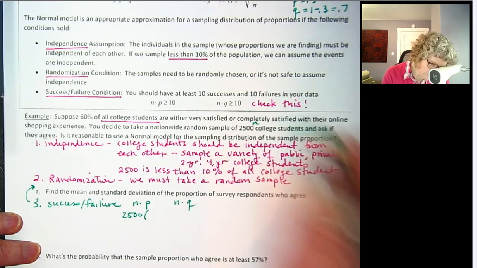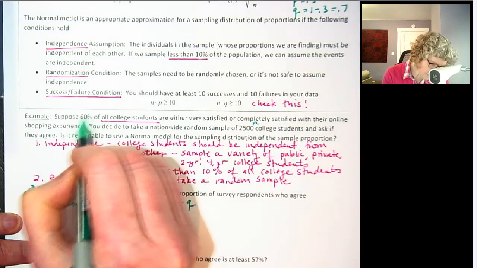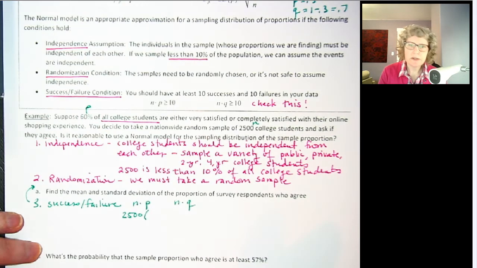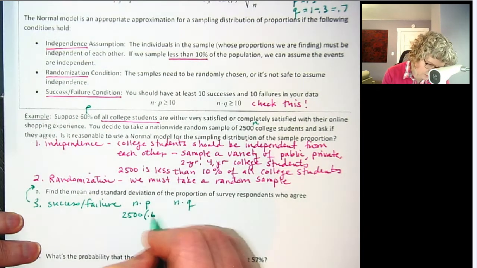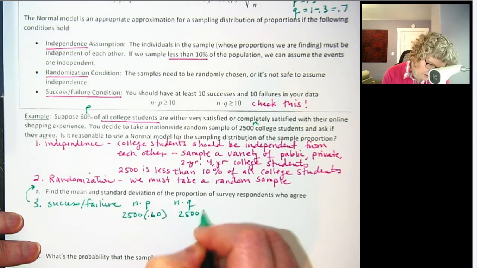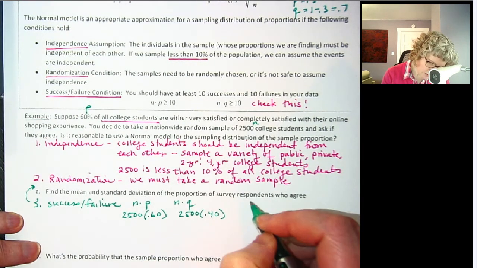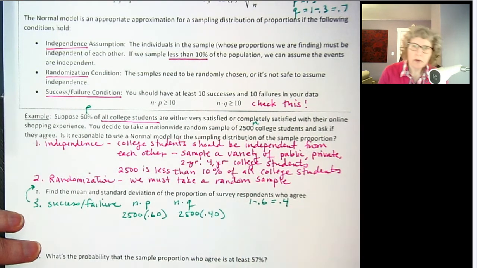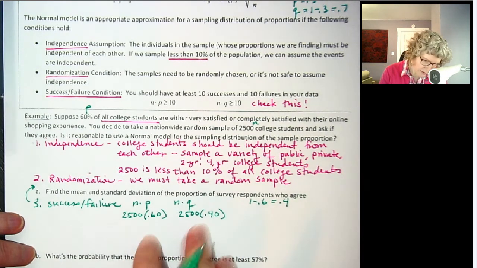That's our n. And our p, we have to be given this percentage in order to do this. So in this case, it's 60%. And then 2,500 times 40%, because 1 minus 0.6 equals 0.4. So those are the complements of each other.